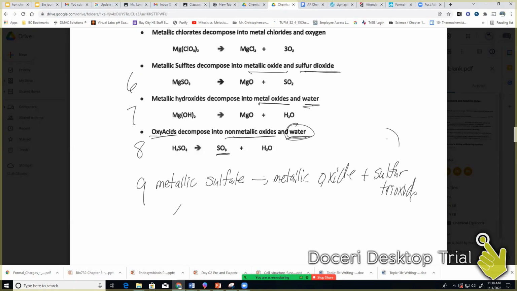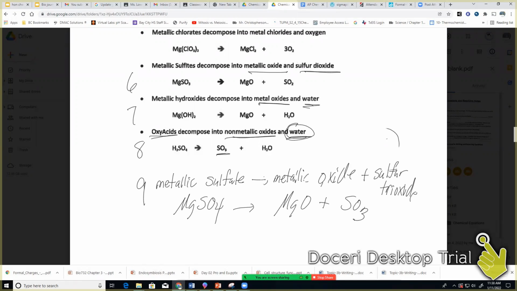An example of that would be magnesium sulfate. There's my metallic sulfate. It's going to break down into metallic oxide, and my metal in this case is magnesium, so magnesium oxide plus sulfur trioxide. And then that one's already balanced if you've done it correctly. So this is your little cheat sheet.